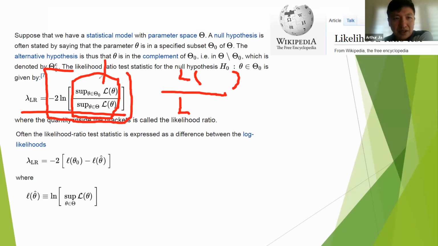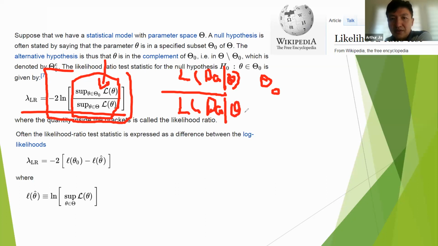So you see the likelihood based on the null distribution goes into the numerator here. So first, we calculate the probability of seeing the data given the null distribution, theta.